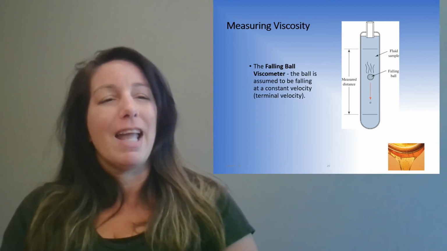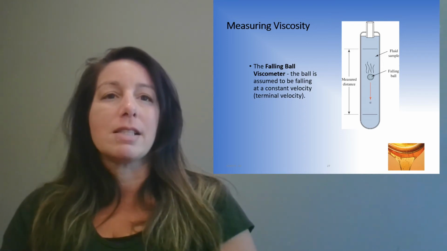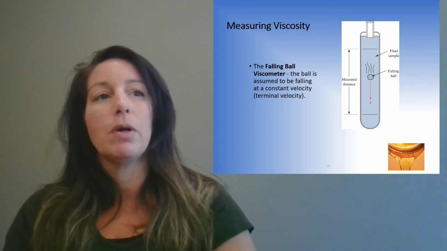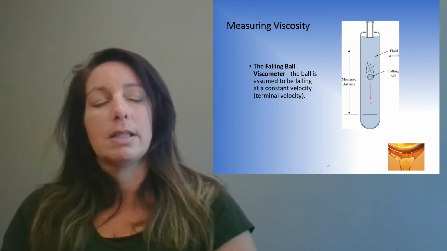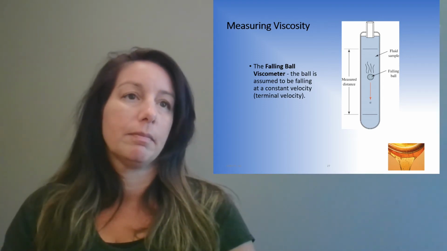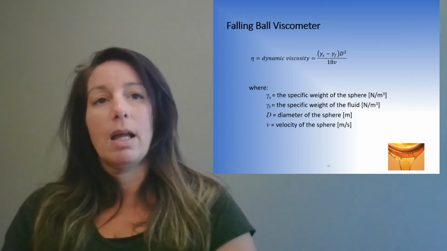Very innovative name. The ball is assumed to be falling at a constant velocity, i.e. terminal velocity. So you've got a sample fluid, you've got a ball, you drop the ball into the fluid, you measure the distance and the time it takes, and there's the velocity. So how do you go about finding eta?